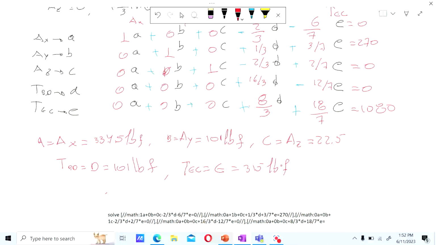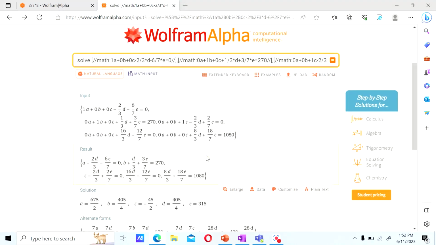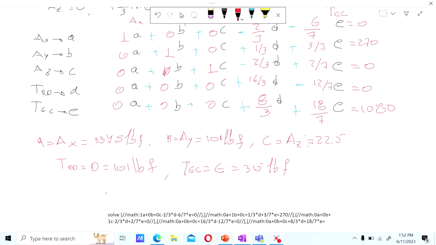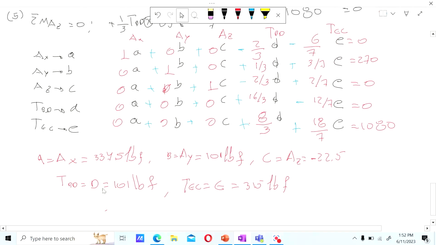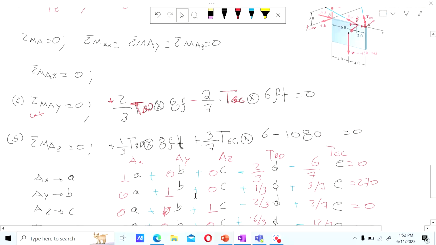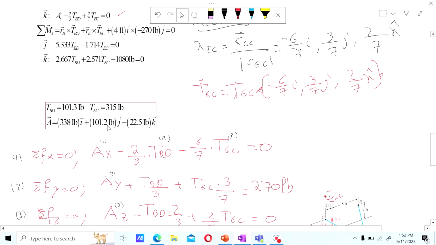So we found the magnitude of the tensions. The only negative one is C, which was negative 22.5. All right, so they got negative 22.5. Excellent. So 101.3 is the tension from B to D, and the tension from E to C is 315.